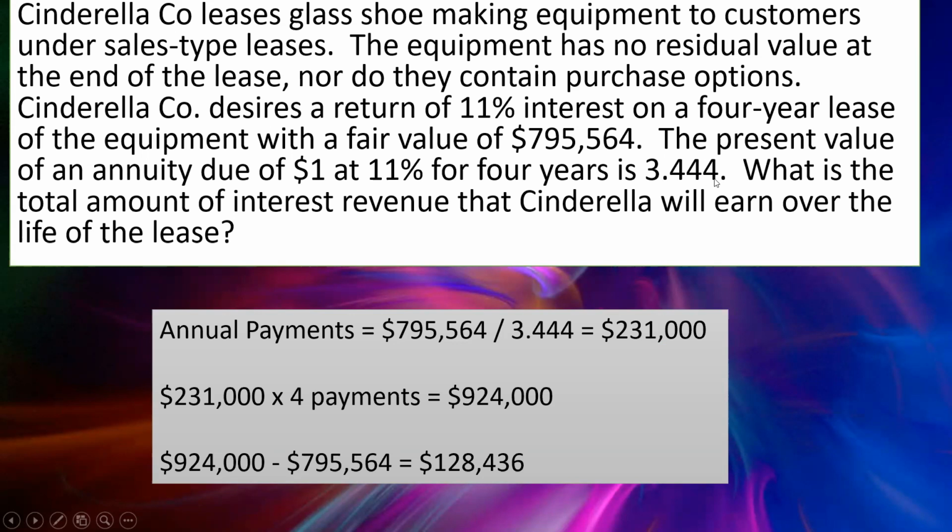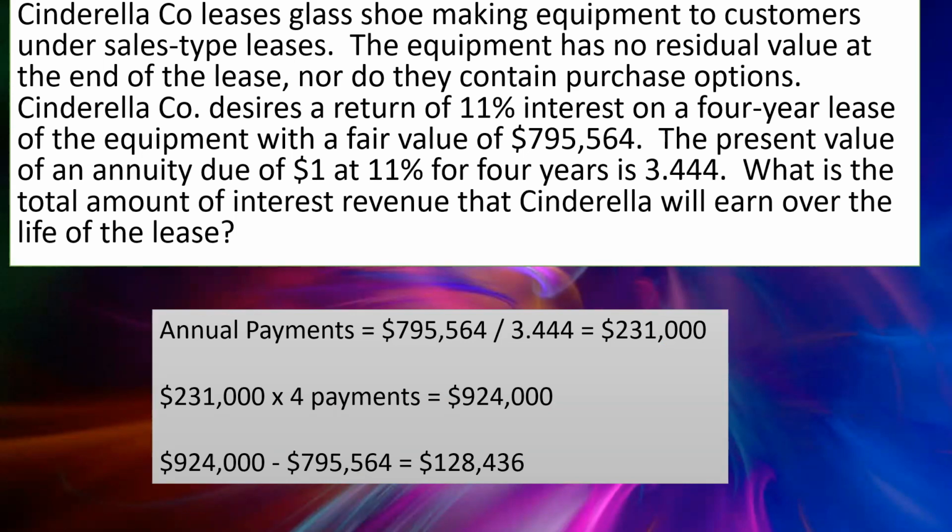They already gave that to us, which was super helpful. And the reason we use annuity due is because the first payment was due on the first day of the lease. This tells us the annual payments are $231,000. Just like a mortgage, you're going to pay more than what the actual price of the home is because there's interest included in that.